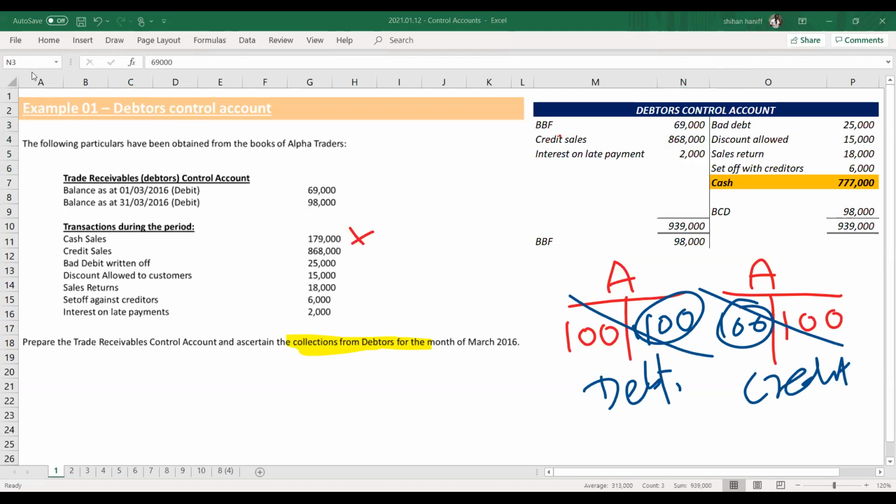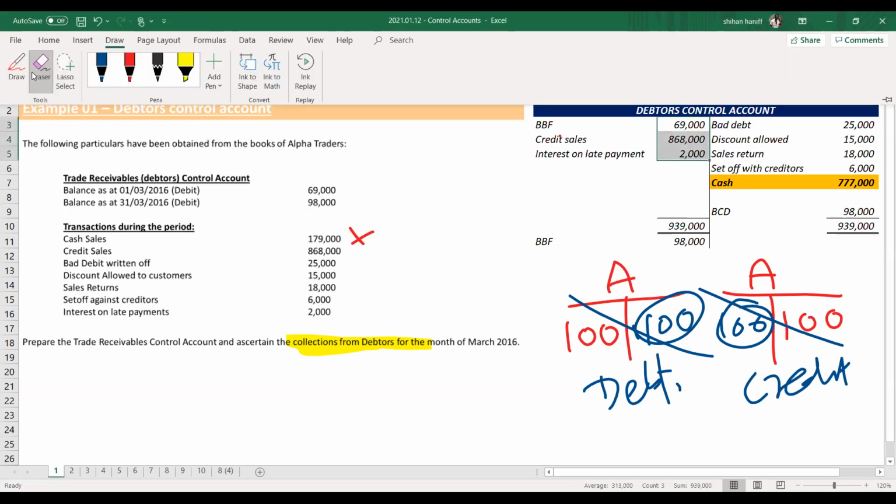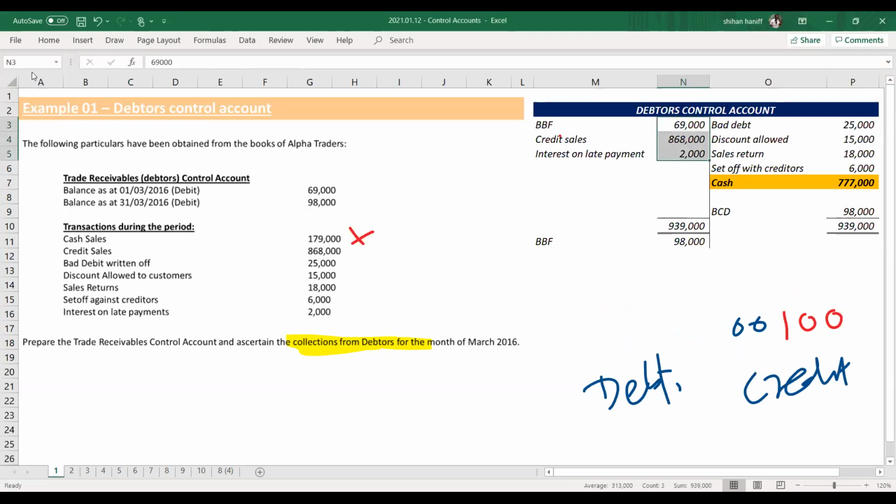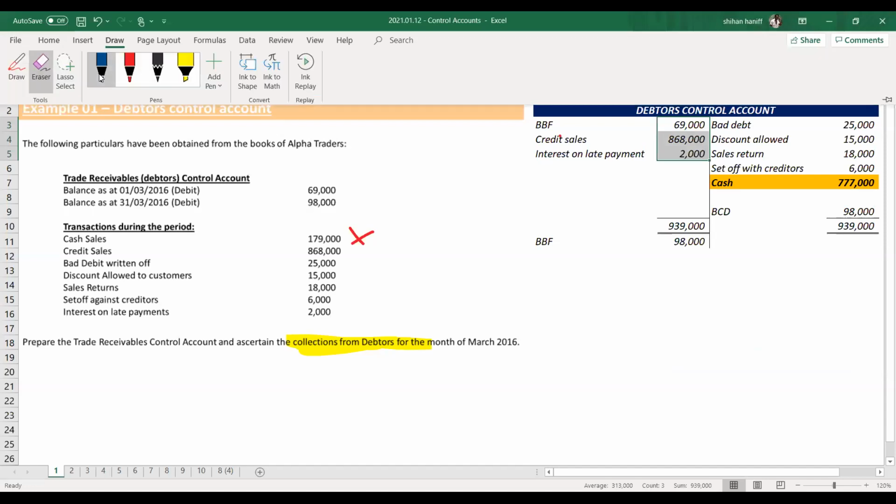Set off against creditor means another question. We have a debtor.